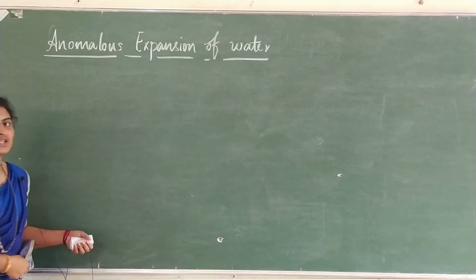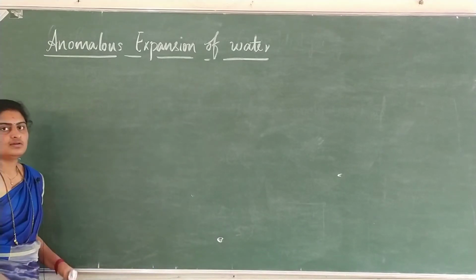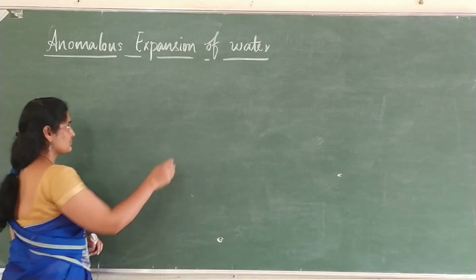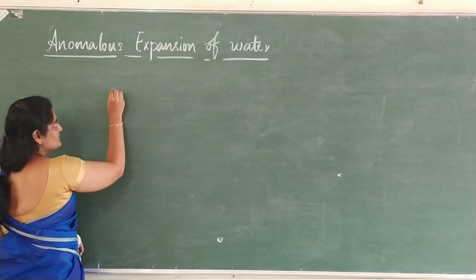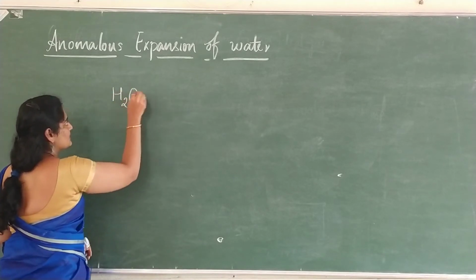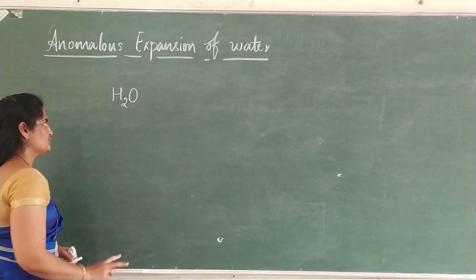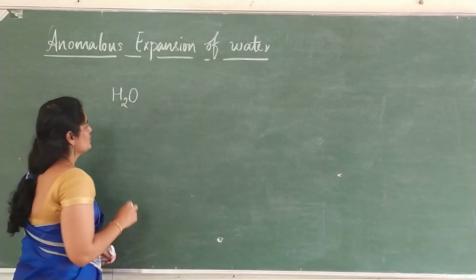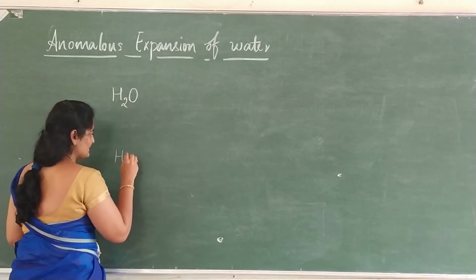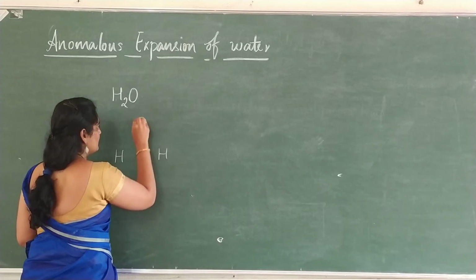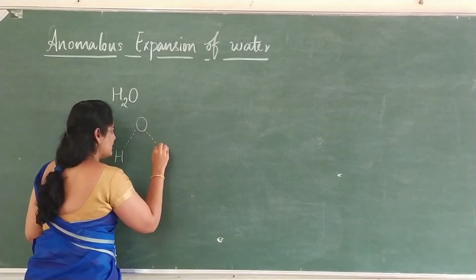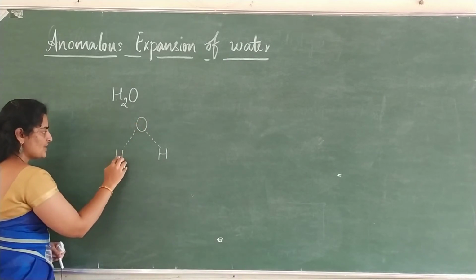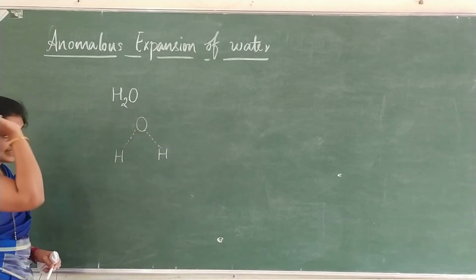Water has some peculiar expansion. What is it? Let us see. You know that water is nothing but H2O. A single water molecule consists of 2 hydrogen atoms and 1 oxygen atom. If you see a single water molecule at the molecular level, it will be something like this, right? 1 oxygen atom is bonded to 2 hydrogen atoms like this.